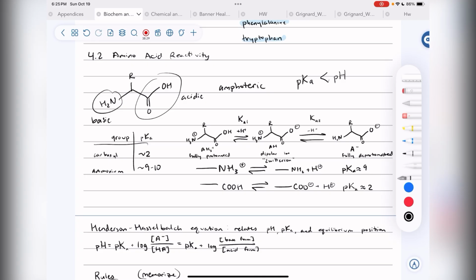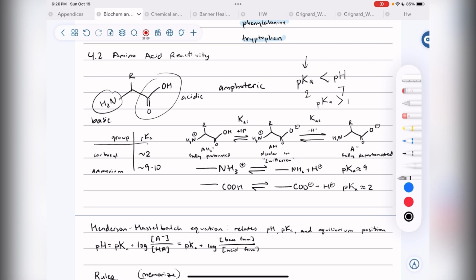For example, if the pH was 7 but your pKa was 2, then when you put that amino acid in there, pKa is, you can kind of think of it as the pH at which the amino acid would be in equilibrium. So if your pKa is 2 but the pH is 7, that acidic amino acid is going to give up its hydrogen, right? It's going to deprotonate because the pH is too high over there, and it's going to lose that proton.